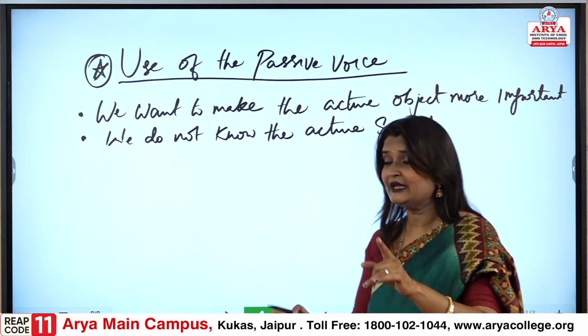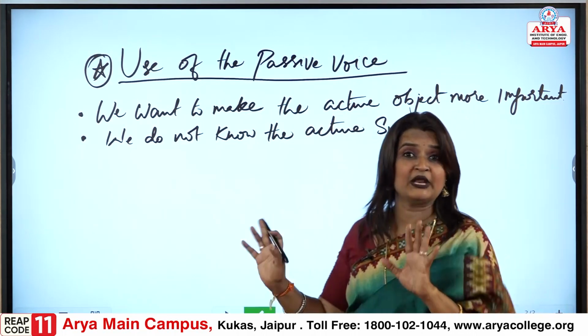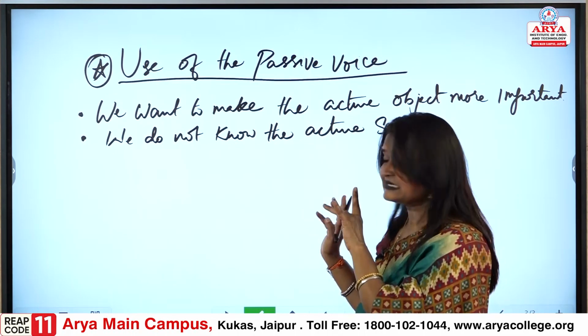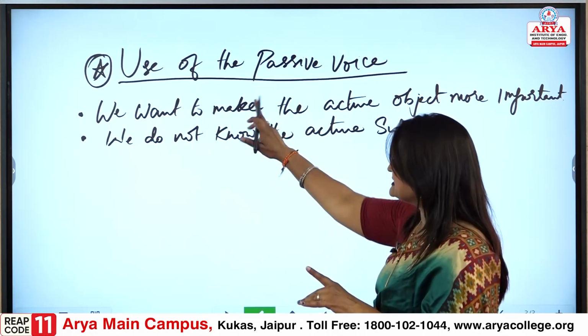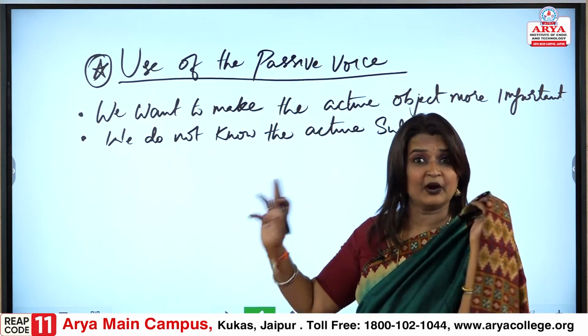So, what are we doing? Again, we want to make the active object more important. With the first sentence, we get these two things clarified. Now, let us learn the use of the passive voice and how we work it out.